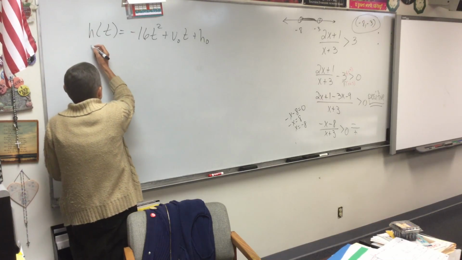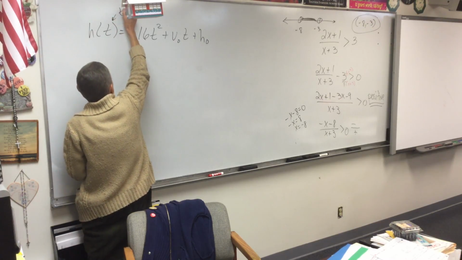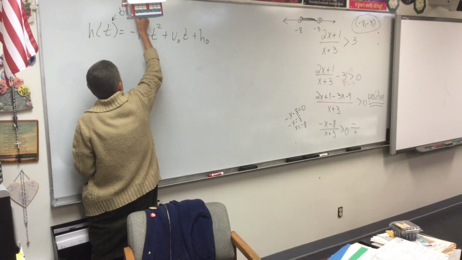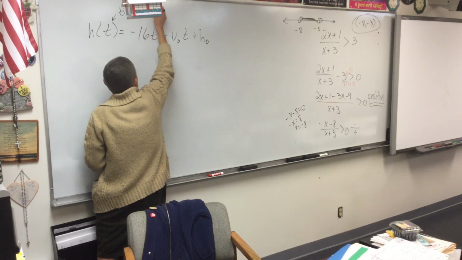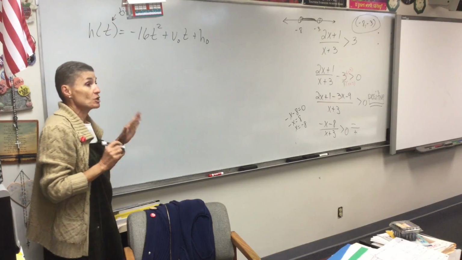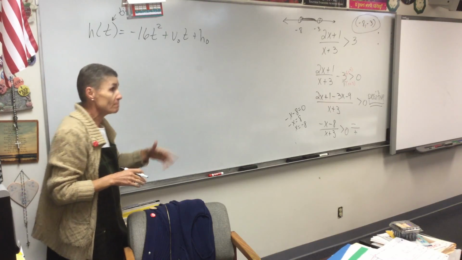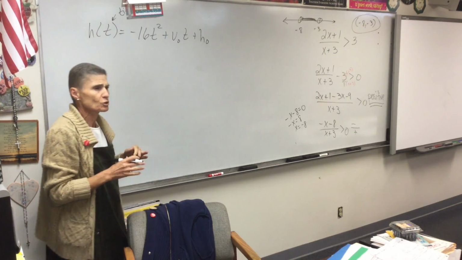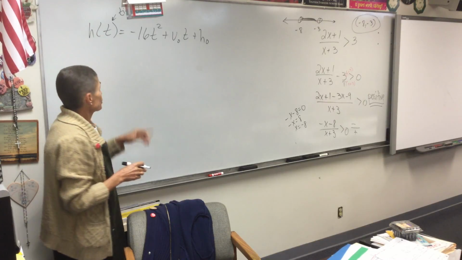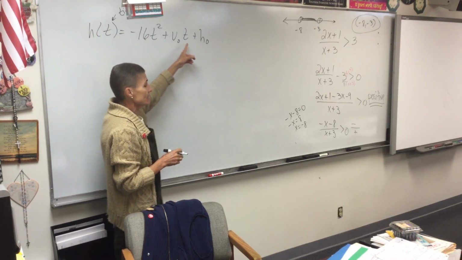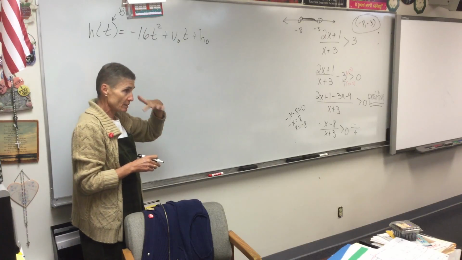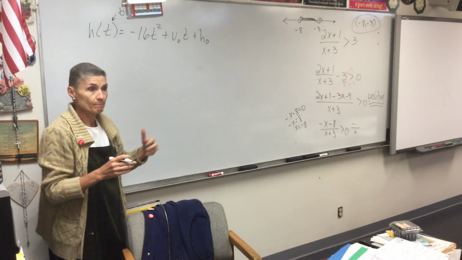Now, t is the time, usually in seconds. That may be adjusted, but normally it's in seconds. It could be in minutes or hours or something, but almost always it's in seconds. So every place I see a t in the formula, I'm going to be plugging in the time.